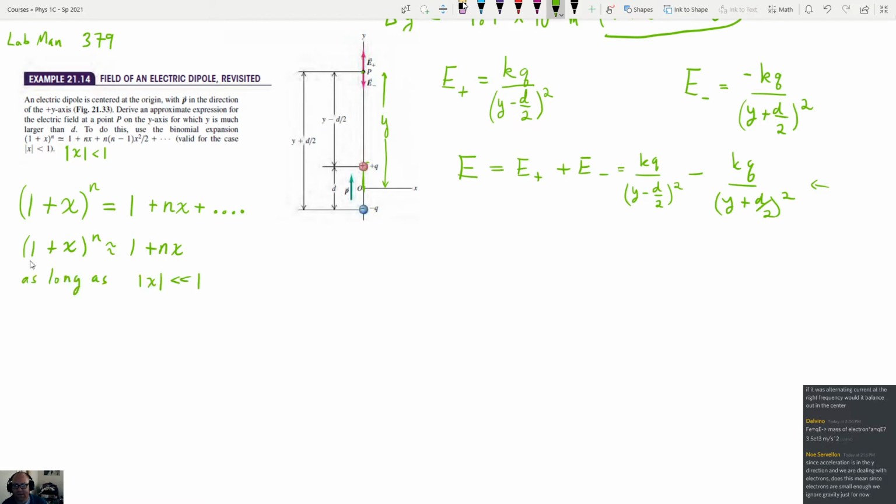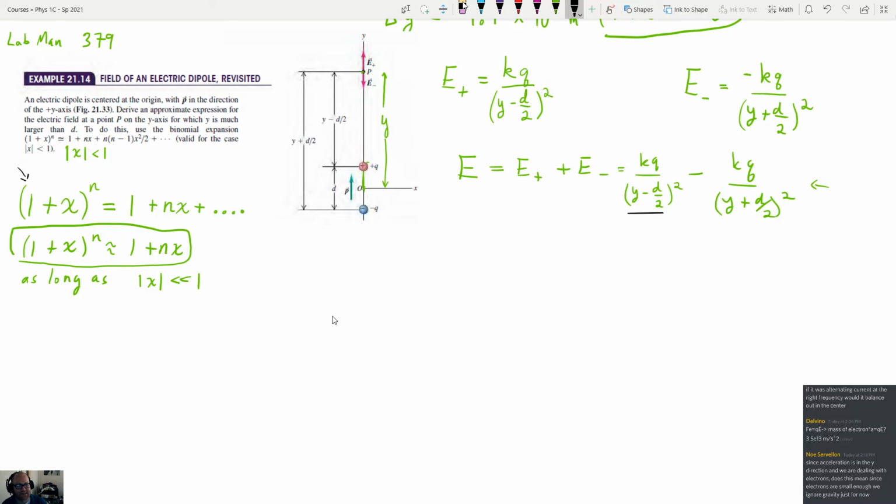If x is a really tiny number or ratio, then no matter what n is, 1 plus x to the n gets written as 1 plus nx. So what we'd like to do is take the expression we have over here and get it into that form, 1 plus x to the n.